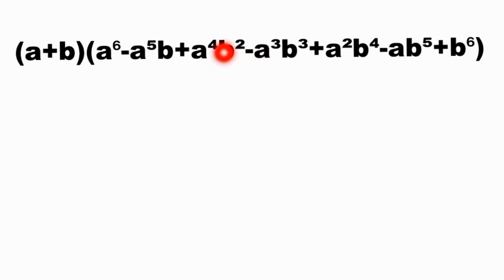For the power of b, it is ascending from b to power 1, so b squared, or power 2, power 3, power 4, power 5, and power 6. And we have here a plus, and this is alternating minus, plus, minus, plus, minus, and the last term has a plus sign.